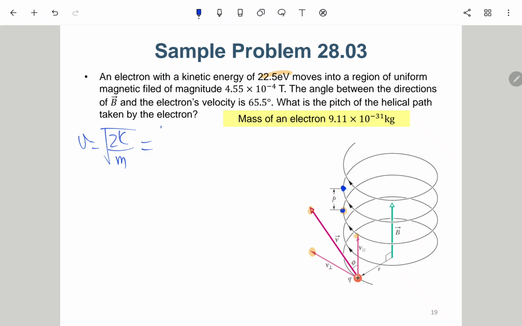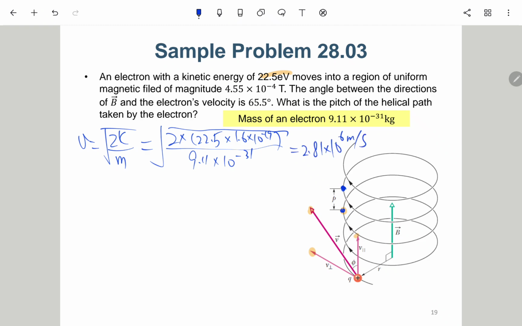Okay, so this is the square root of 2 times 22.5 eV times 1.6 times 10 to minus 19, so this is in joules, over the electron mass 9.11 times 10 to minus 31. So this is 2.81 times 10 to the 6 meters per second. Okay, so this is the velocity.